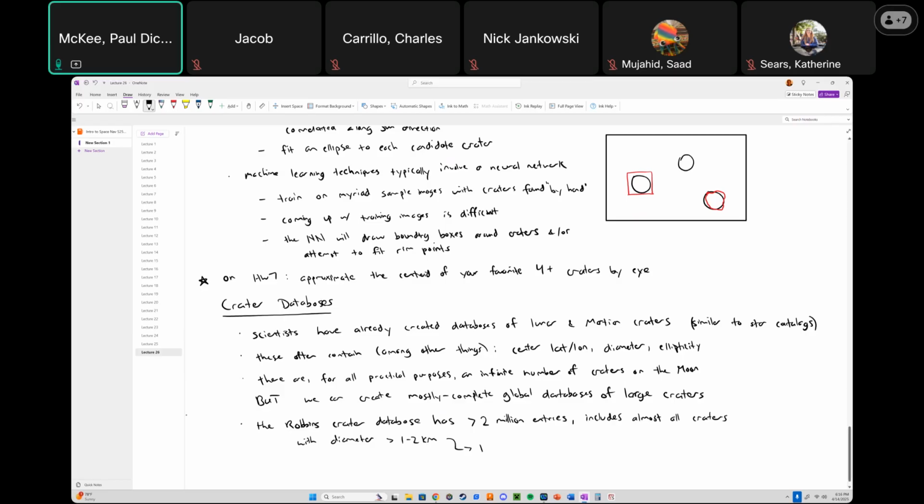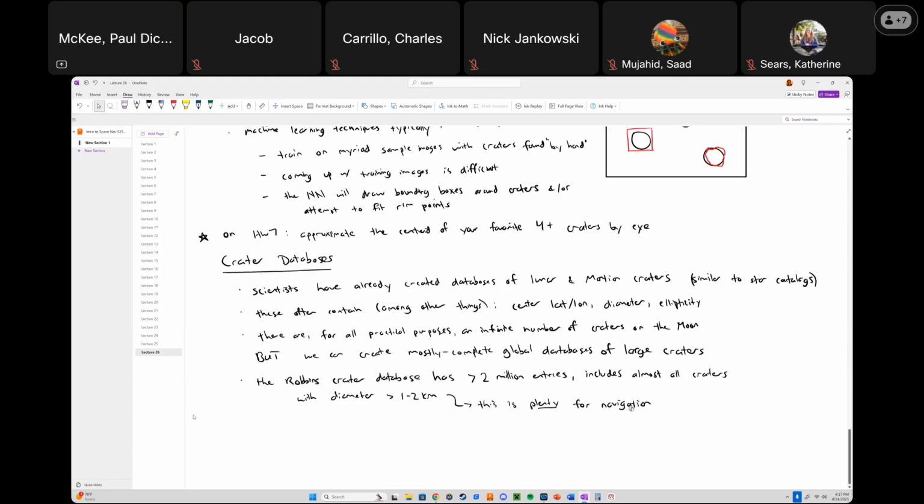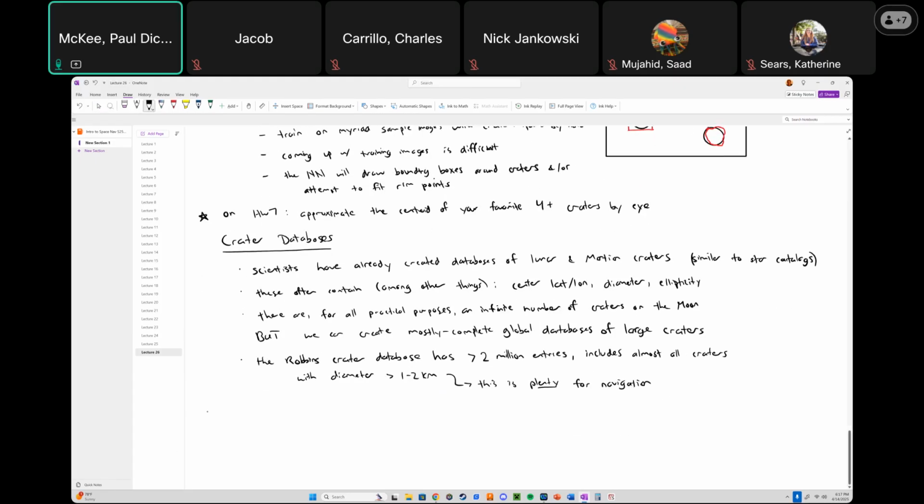And I'll say this is plenty for navigation. Okay. Once again, on homework 7, not necessary. You do not need to pull down the Robbins Crater Database. On homework 7, you can identify craters manually.